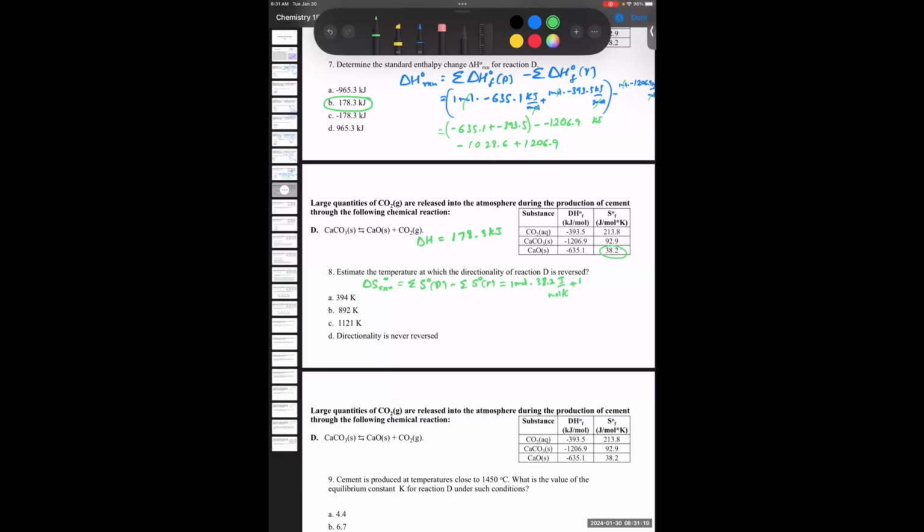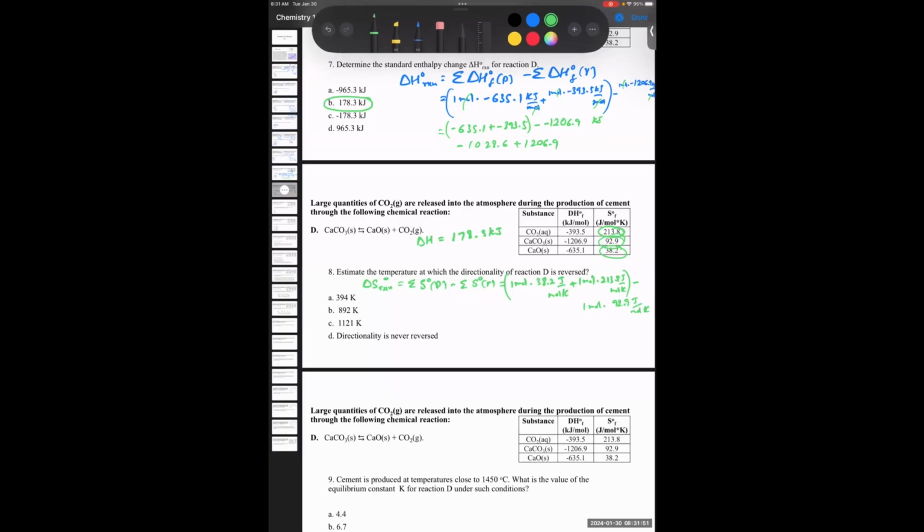To that, we add 1 mole of carbon dioxide, 213.8 joules per mole per Kelvin. These are my products. Minus, we subtract the reactant, calcium carbonate, 1 mole times 92.9 joules per mole per Kelvin.